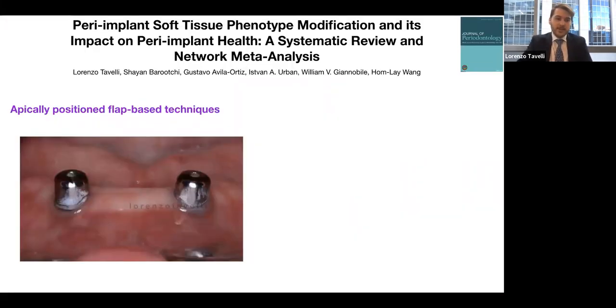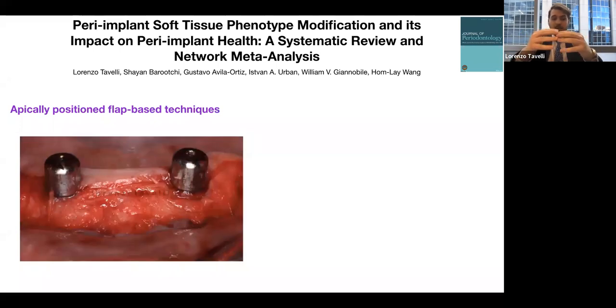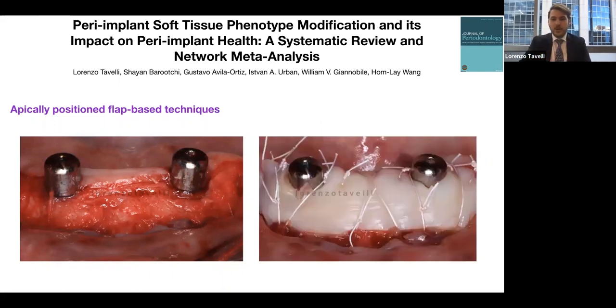Versus we also had several articles that perform soft tissue augmentation with so-called apically positioned flap-based techniques, in which the flap, which is usually just a veil of mucosa, is apically repositioned, and the graft, usually autogenous gingival graft from the palate with both connective tissue and epithelium on top, is positioned around the dental implants.